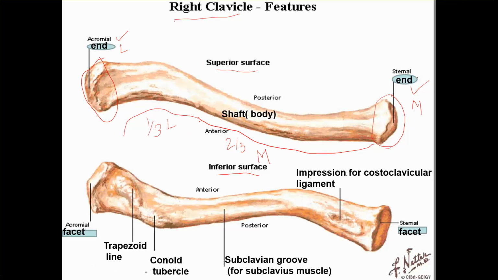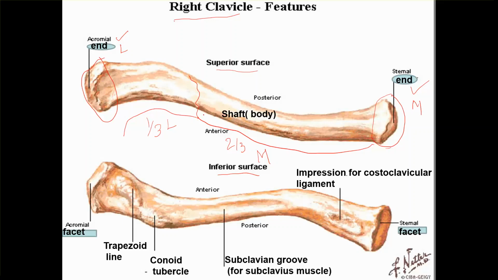The junction between the medial 2/3 and lateral 1/3 is the weakest point of the clavicle. So it is very common to have fractures at this point.